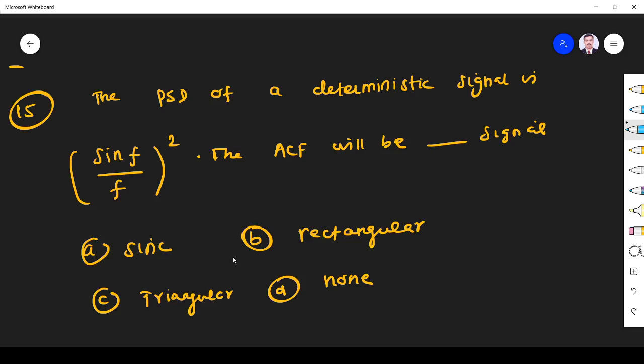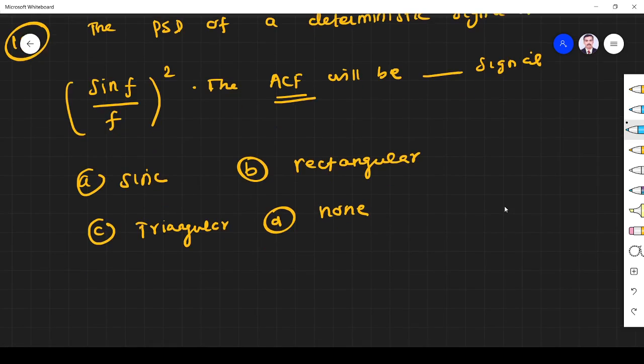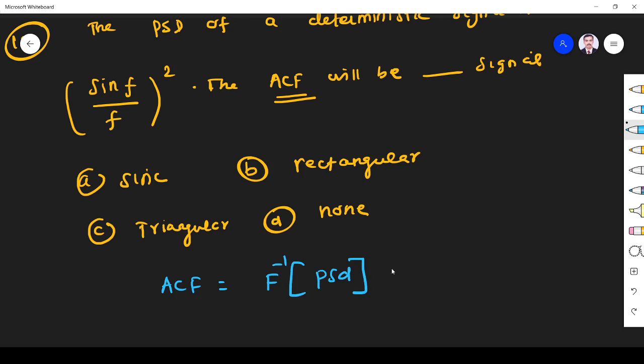So the next question is, the power spectral density of a deterministic signal is given by (sin f by f) whole square. What is the autocorrelation function ACF? So we know autocorrelation is nothing but the inverse Fourier transform of power spectral density.